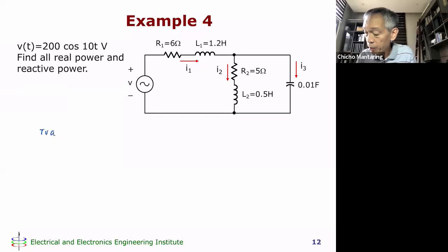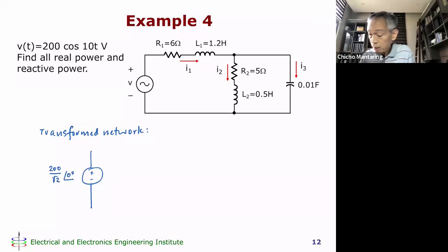So your transformed network will look something like this. You have 200 over the square root of 2 at an angle of 0 degrees. Let me just put the values already.